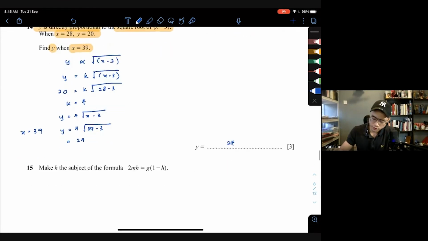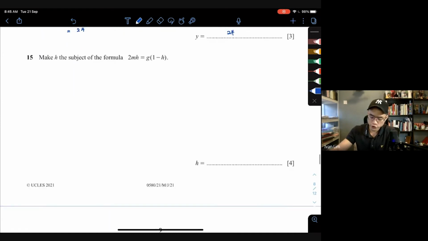Question 15. Make h the subject of the formula 2mh equals g times 1 minus h. Just expand the bracket. g minus gh. You all see, we want to make h the subject. So whatever has h, we move it to one side.